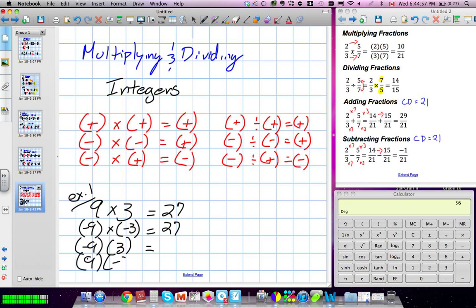Ready? What about 9 divided by 3? 3. Negative 9 divided by negative 3? Oops, that's a multiplication sign.